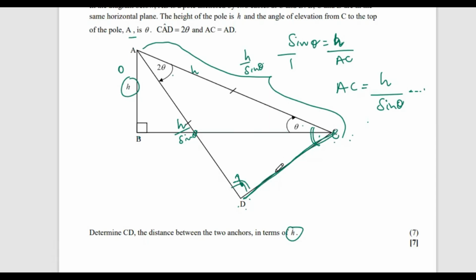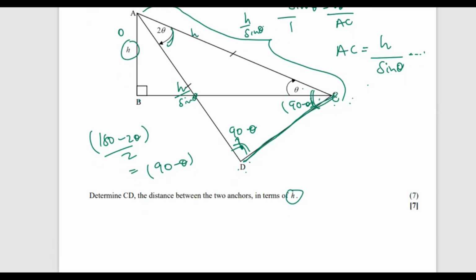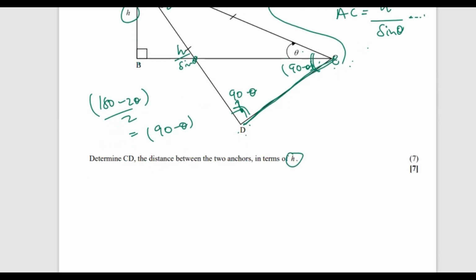You can work it out that way. If this is 2 theta, then these angles are going to be 180 minus 2 theta divided by 2, which is basically 90 minus theta. So this is a 90 minus theta, and that's also a 90 minus theta. We can use that, and then we use the sine rule. I think that's quicker than using the cosine rule, because squaring those things will be something else.